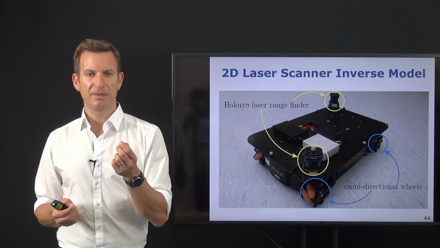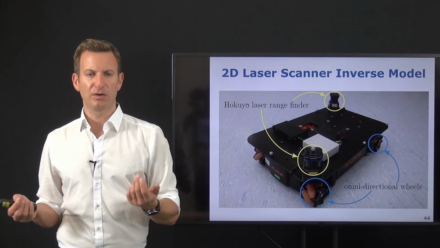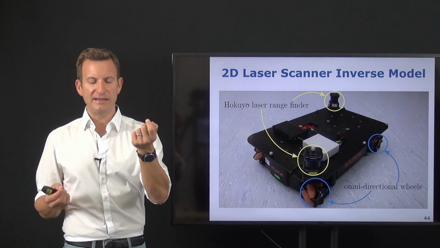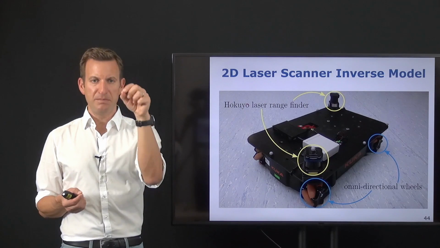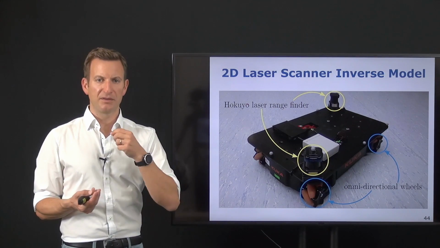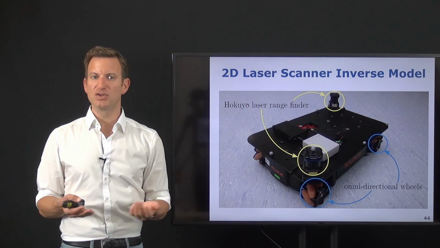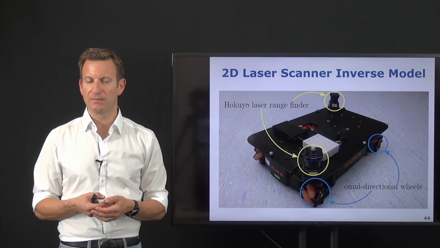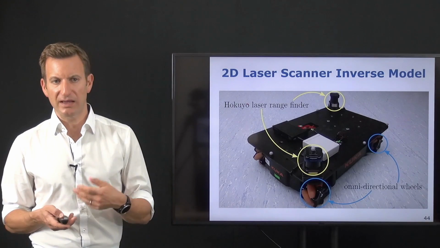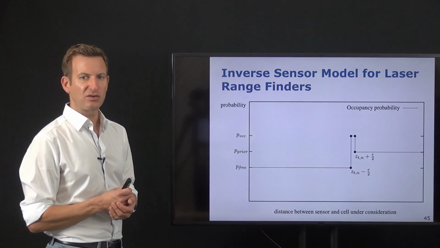So if we get a measurement, like a laser range measurement, where the noise is typically smaller than the grid resolution, we can say, assuming that it's not an outlier, that the cell where the beam ends is a cell where there's an object, and this cell is occupied. And all the cells the ray passed over are more likely to be free than occupied. Given that laser scanners are rather precise, there's not that much noise involved in this process.